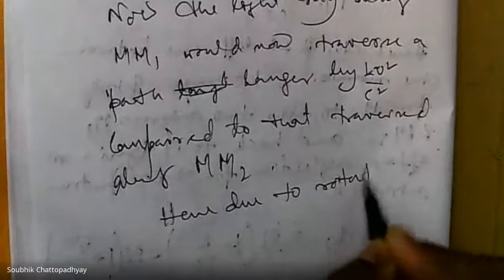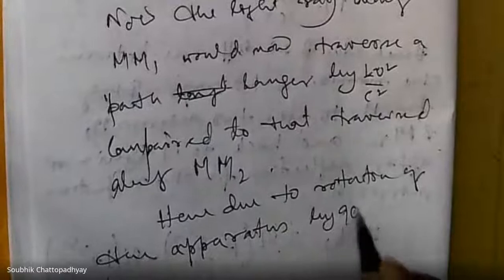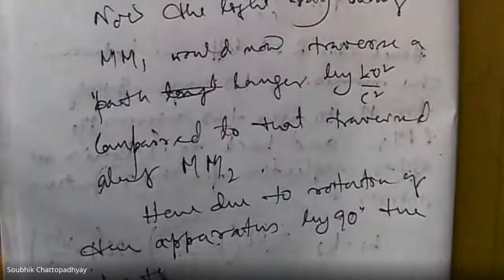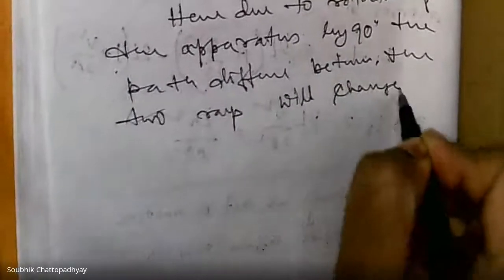Thus, due to the rotation of the apparatus by 90 degrees, the path difference between the two rays will change by, the two add up, twice L v square by c square.